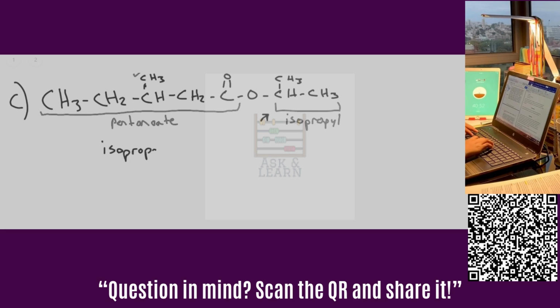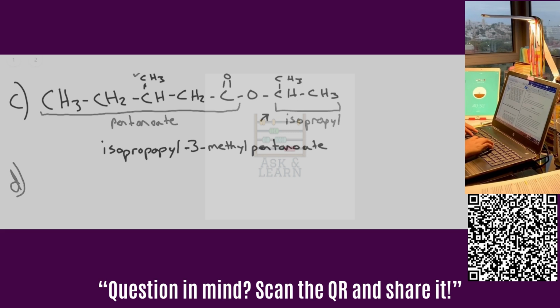And then we name this side like we would name any other carboxylic acid or ester. So we put the position of the substituent, 3, and then the nature of the substituent, methyl, and then the name of the chain, pentanoate. So it's isopropyl 3-methyl pentanoate.